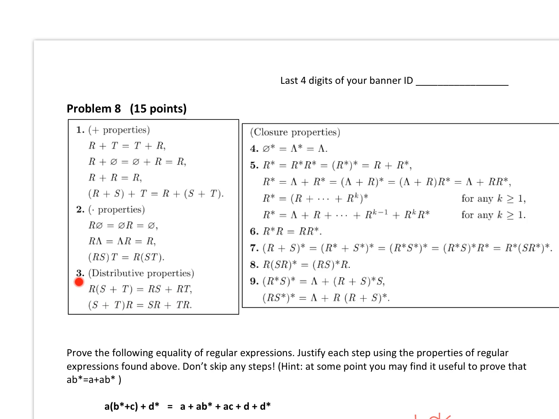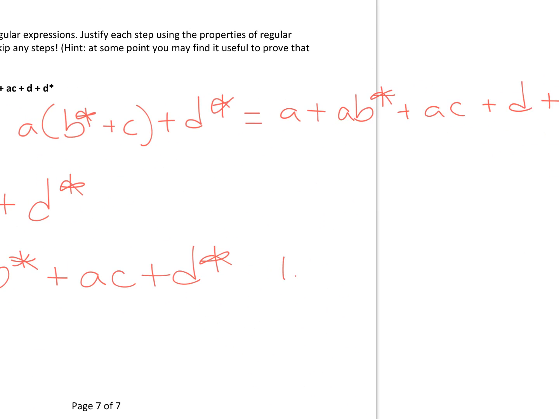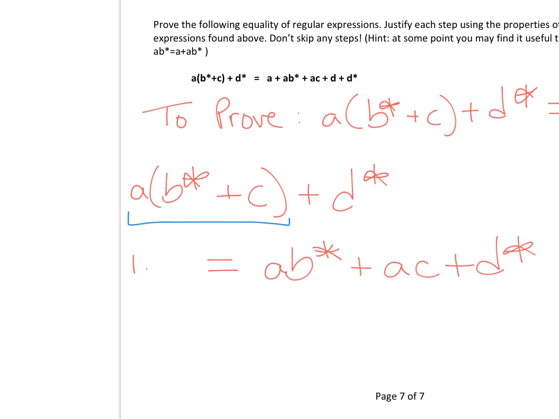So that would be, in the terms of the language we've been using in class, 3.1, right? So distributive 3.1, or you could just write 3.1. So we will write, my reasoning is distributive property 3.1. Okay.